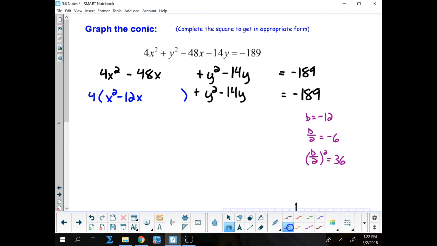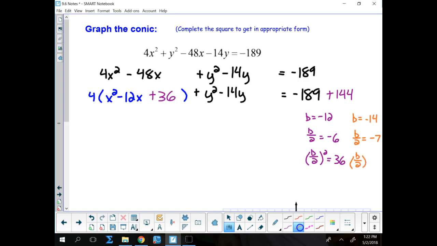So that means I'm adding 36 in that gap, but really I'm adding 144 to the left side, so I need to add 144 there. Y's now, b value is negative 14. B over 2 is then going to be negative 7.